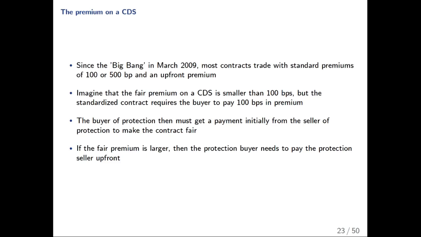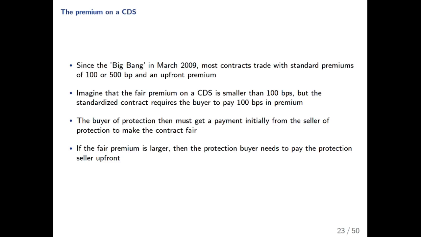discounted by, if you discount all of those payments by the risk-free rate, let's imagine the risk-free rate is constant, the difference is going to be paid. In this case, the standardized payment was more than the fair payment. So the present value of the difference would be paid by the seller of the contract to the buyer of the contract.